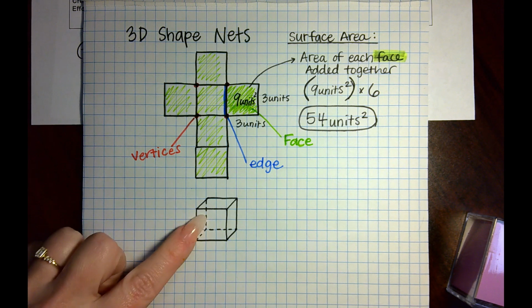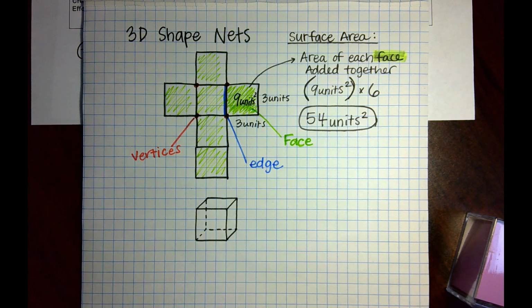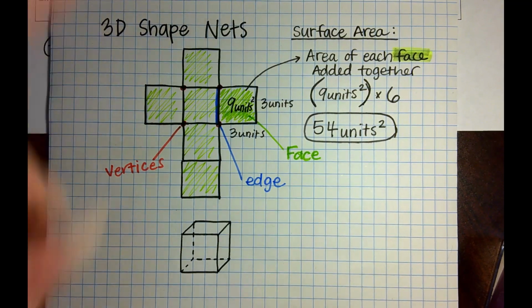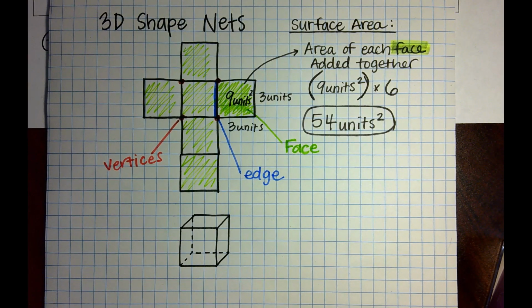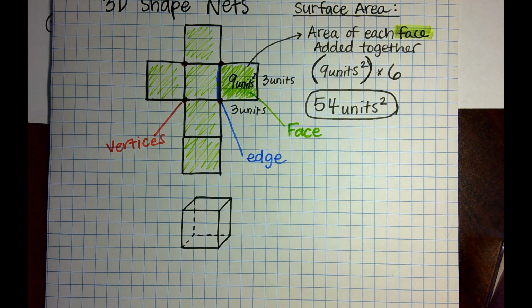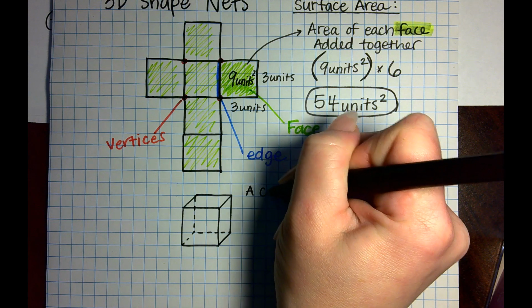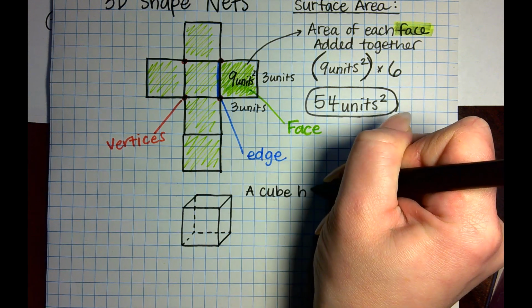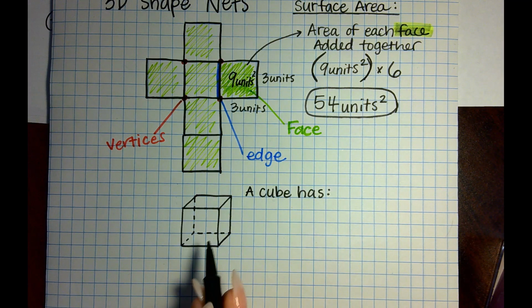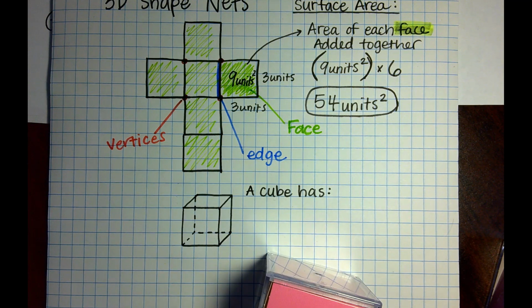And if you have graph paper, these are really easy to draw. I can totally show you guys. So on my cube, for example, how many faces does a cube have? 6. And here's a good way to check that.